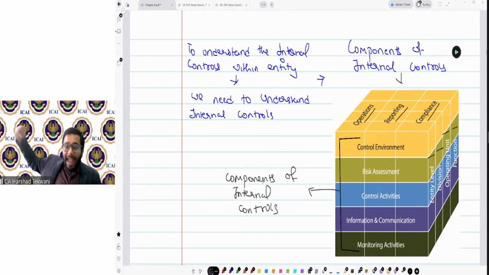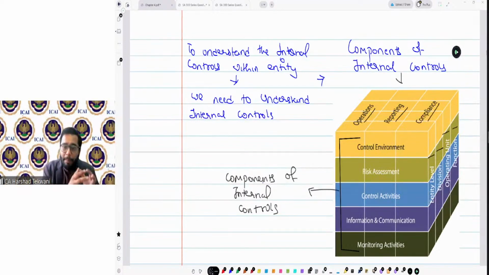Internal controls operate at the entity level, at the division level, at the functions level, and they relate to operations, financial reporting and compliance. So there are multiple types of internal controls, operating at multiple levels. Some operate at the entity level as a whole. Some operate at a function level.